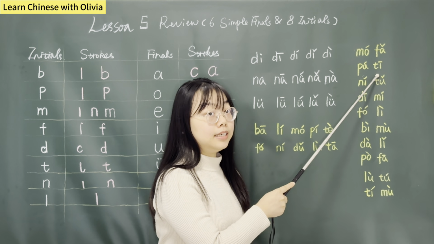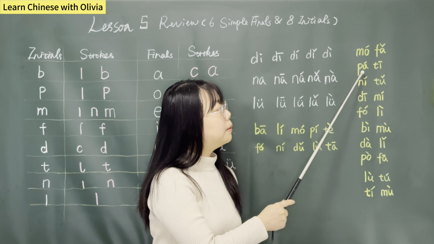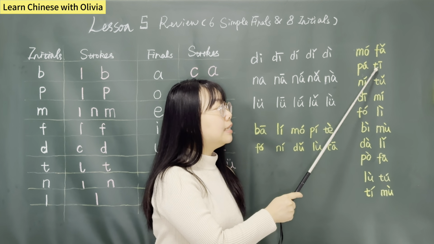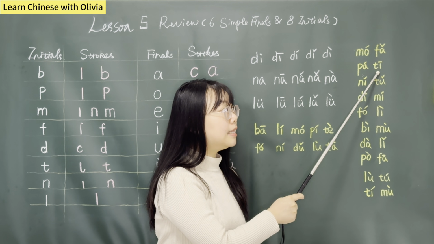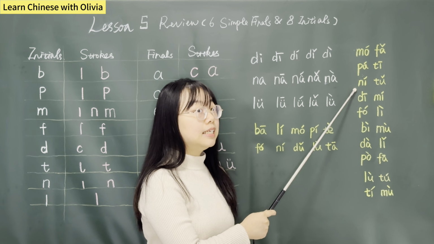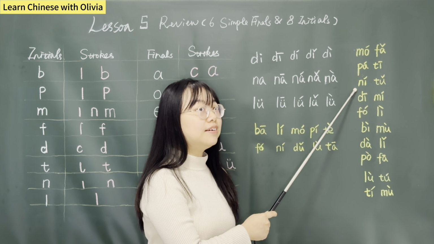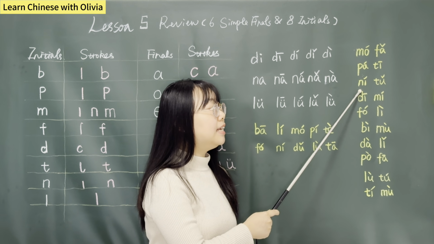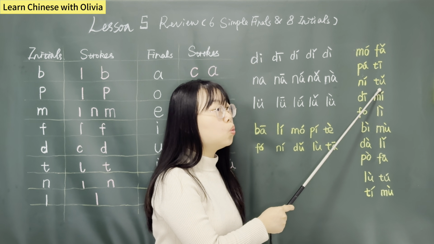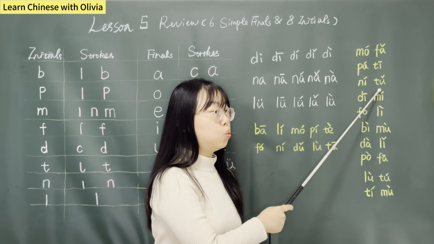The next one. Pa, ti. How to get it? Po, pa. Te, i, ti. The next one. Ne, i, right? Ne, i, ni. Te, wu, tu.